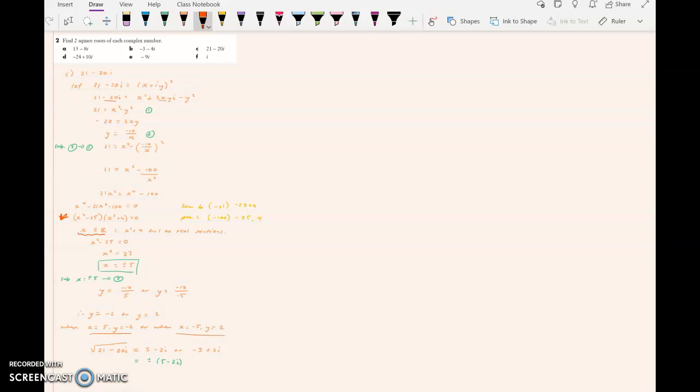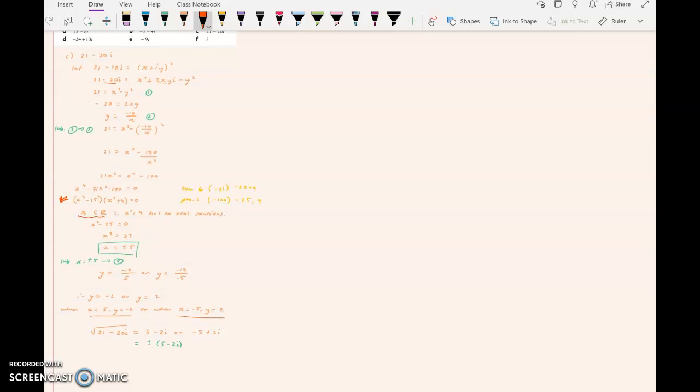Therefore, x squared plus 4 equals 0 is not valid. Then I can continue on and substitute x is plus or minus 5 into either equation, and I chose equation 2 because it's simpler, though there's no reason you couldn't use equation 1, to get my two corresponding y values respectively, and they're both different.